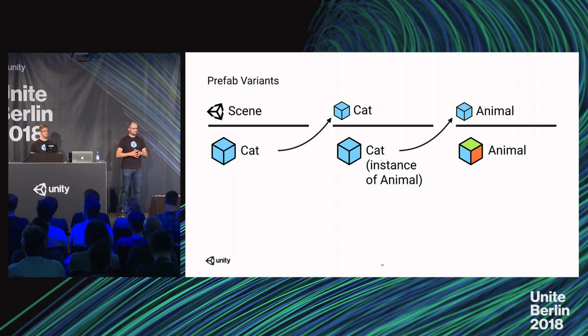In the scene, you have the instance. It references a cat prefab variant, and that is basically an instance of, in this case, the animal prefab. The difference between nesting and variants is that the variant is basically spawning the instance at the root of the prefab.